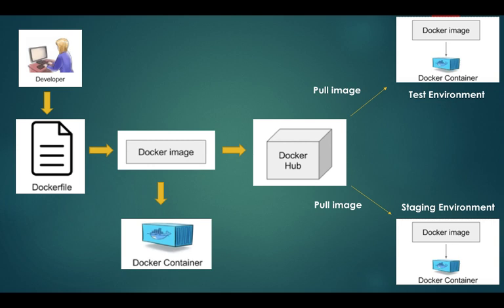So this is the simple and easy workflow of how exactly Docker works. We'll be covering each of these small parts of this workflow in detail in our coming sessions.